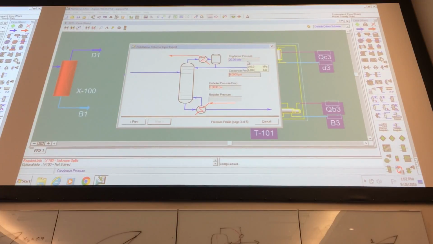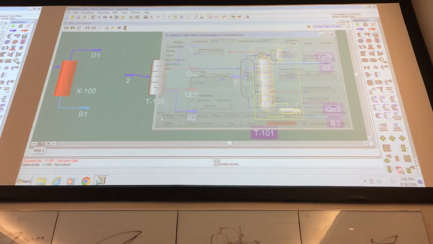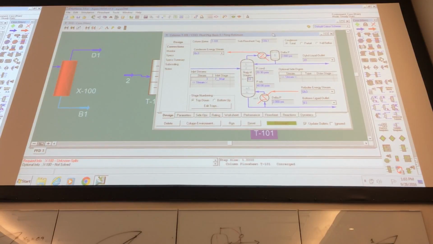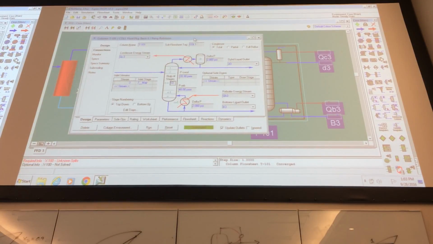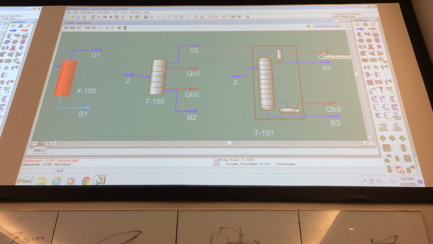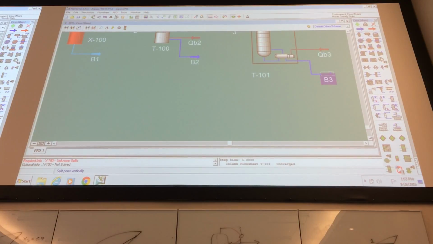We're going to use 2 psi for our condenser pressure drop and boiler drop, and then 40 psi for our boiler pressure. And then the liquid rate was 375, and the reflux ratio was what? 2 something. Was it? 2.6. Set and run. There you go. Magic. So now we have a full simulation.